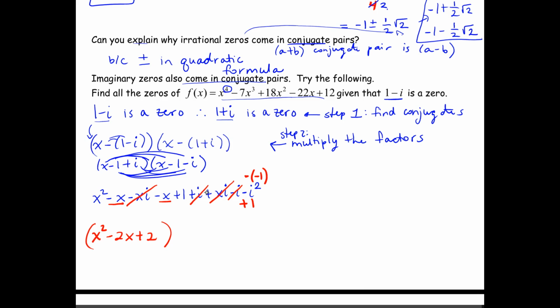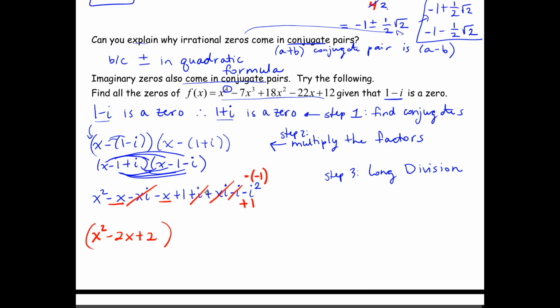So I have this, which is where these two came from. If I factored this down, I would get back up here. So my step 2 is to multiply the factors. Step 3 would be use long division. And actually, I'm just going to do it with you guys, and then I think it'll make more clarity after we have the answer.